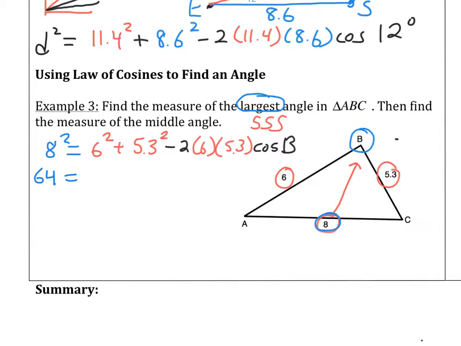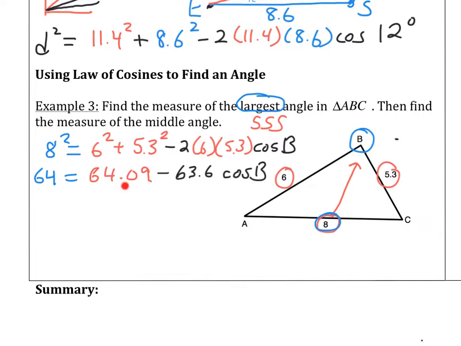So that's 64.09. I can also multiply all this out right here. So minus 63.6 times the cosine of B.